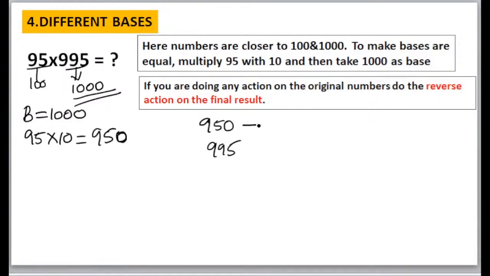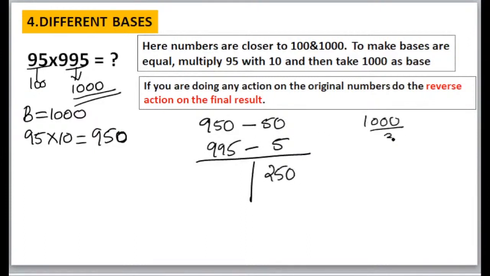950 is 50 less than 1000. Our base is 1000. Then 995 is 5 less than 1000. So in the RHS you have positive because both are negative numbers. 50 into 5 is equal to 250. Our base is 1000. So it has 3 zeros and RHS has 3 digits.